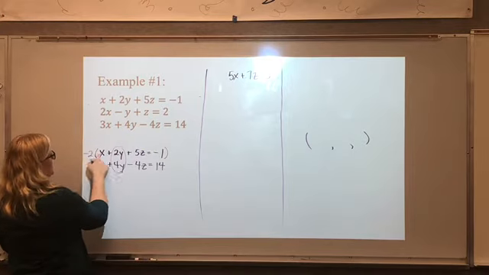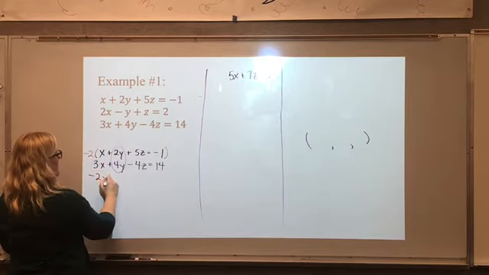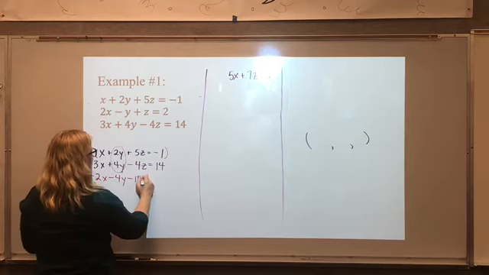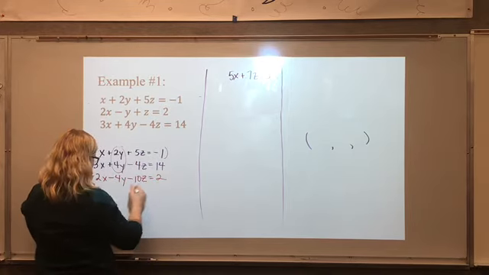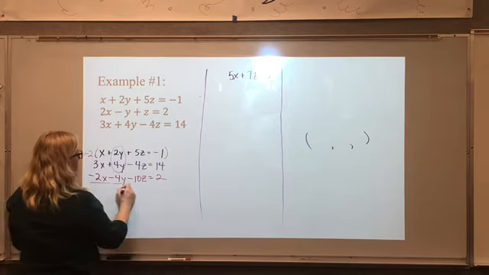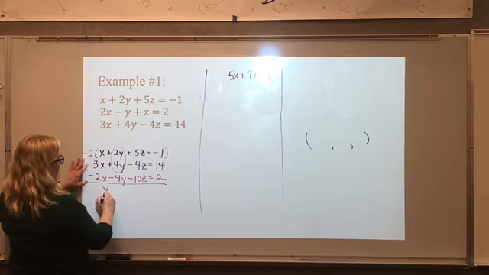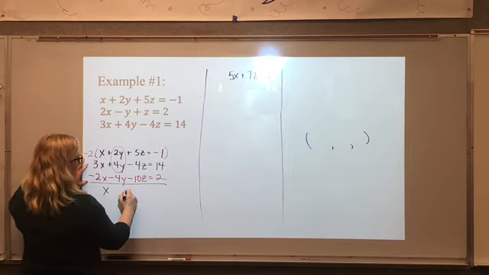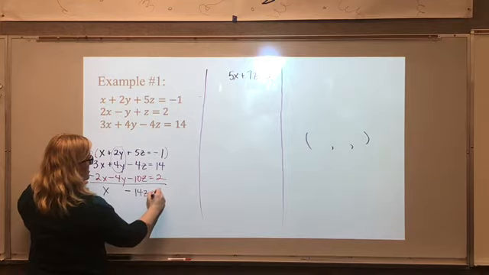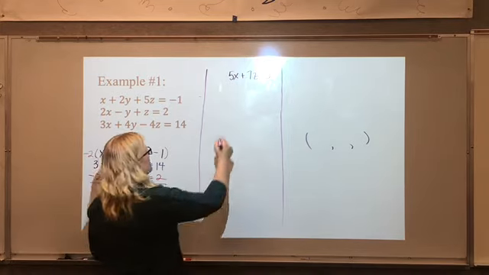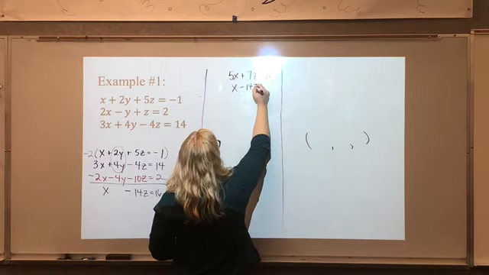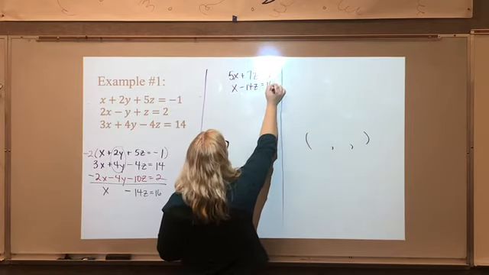So this is -2x minus 4y minus 10z equals 2. All right, and I add those together, and the y's cancel, and I have x minus 14z equals 16. All right, so I bring that over here. X minus 14z equals 16.